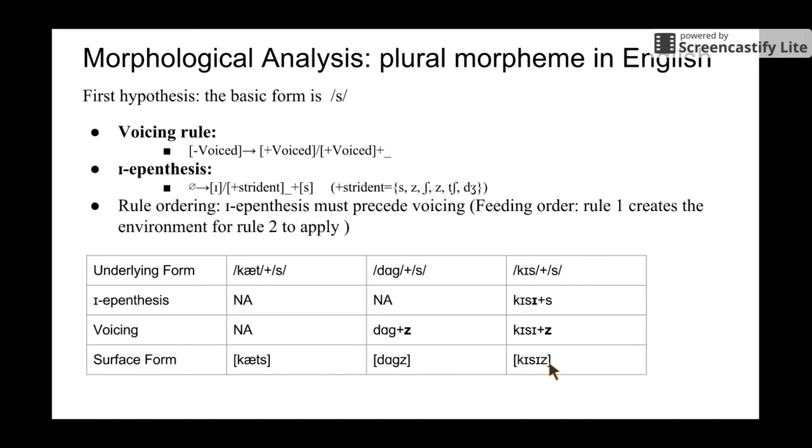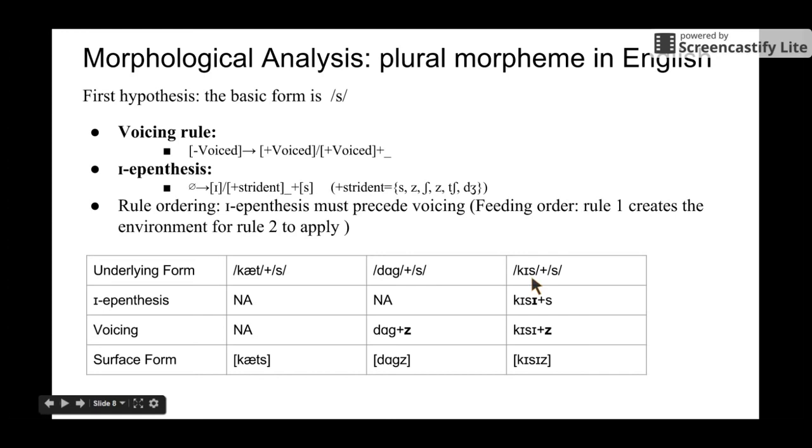Now we can go back to talk about the feeding order. What do we mean by feeding order? When rule 1 creates the environment for rule 2 to apply, we have a feeding order.